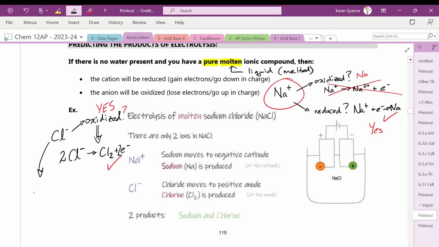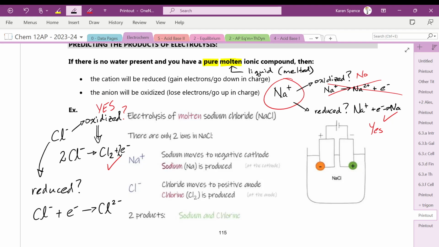Can chloride be reduced? How are we feeling about Cl2 minus?